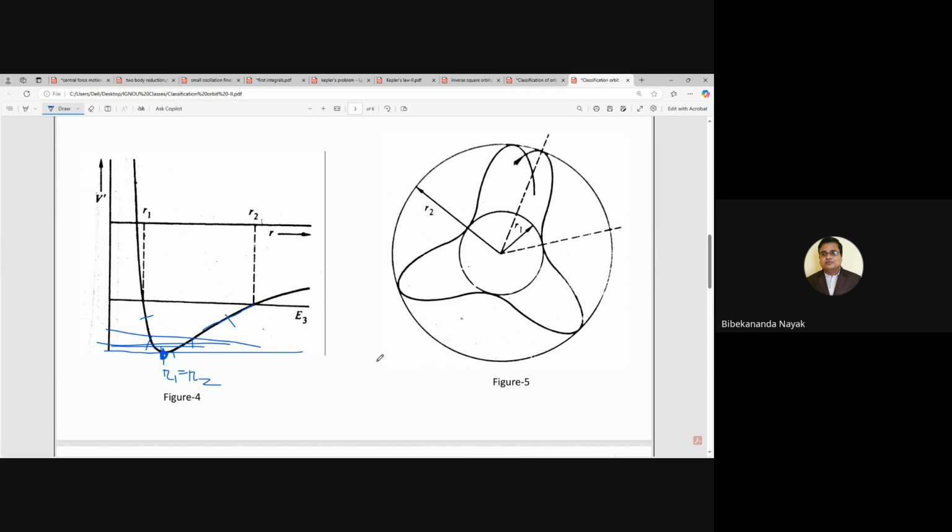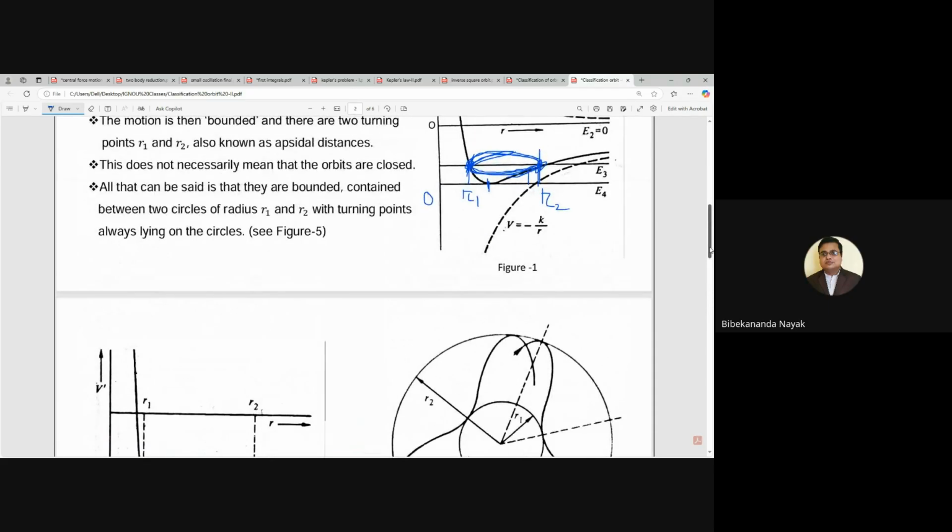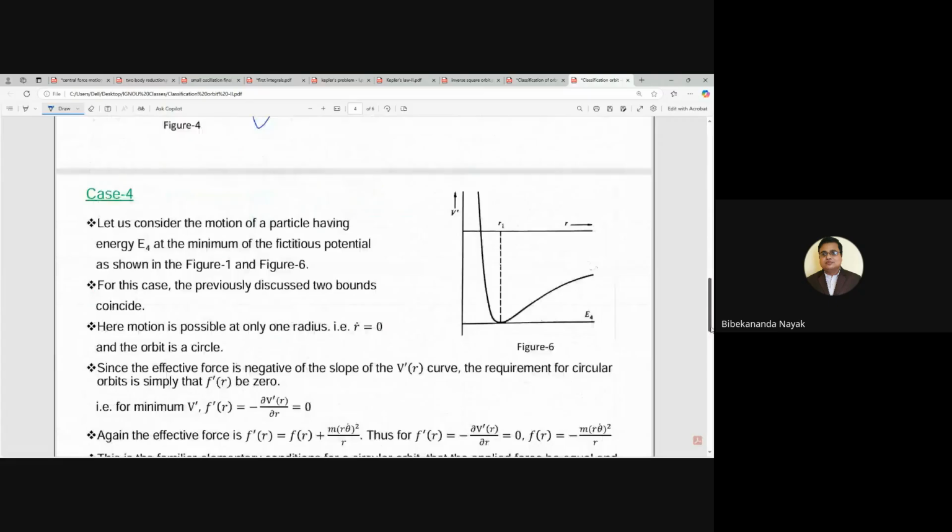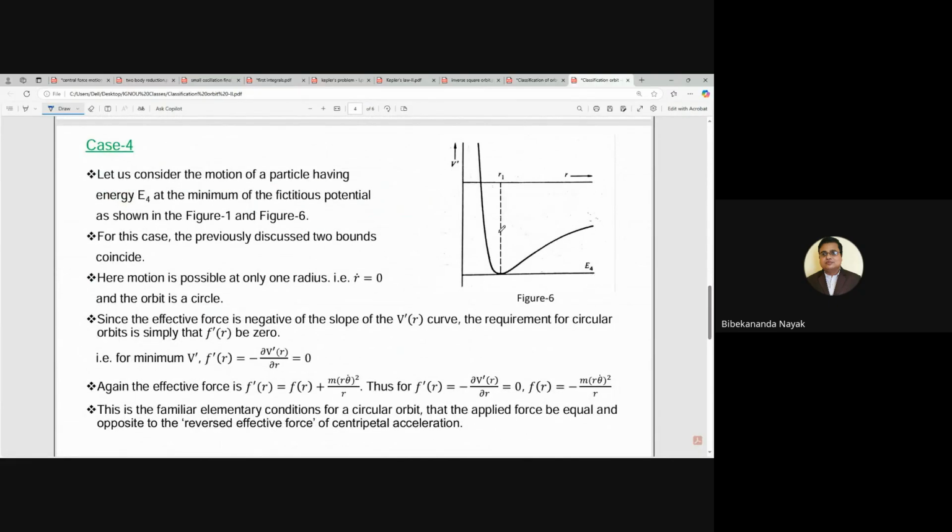That means for the ellipse, we have two axes, semi-major axis and semi-minor axis, R1 and R2, and both have become the same. What do we call it? Circle. So in this condition, it becomes a circle. At minimum potential, we have one radius, which is a circle.